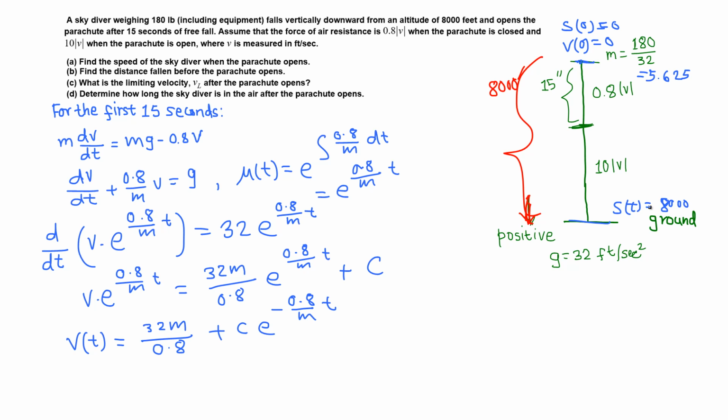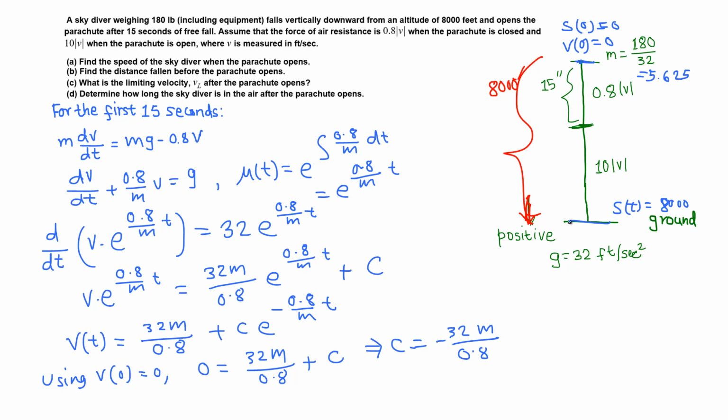Using v0 equals 0, 0 equals 32m over 0.8 plus c times e to the 0, which is 1, so c equals negative 32m over 0.8. With m equal to 180 over 32, this is negative 225.